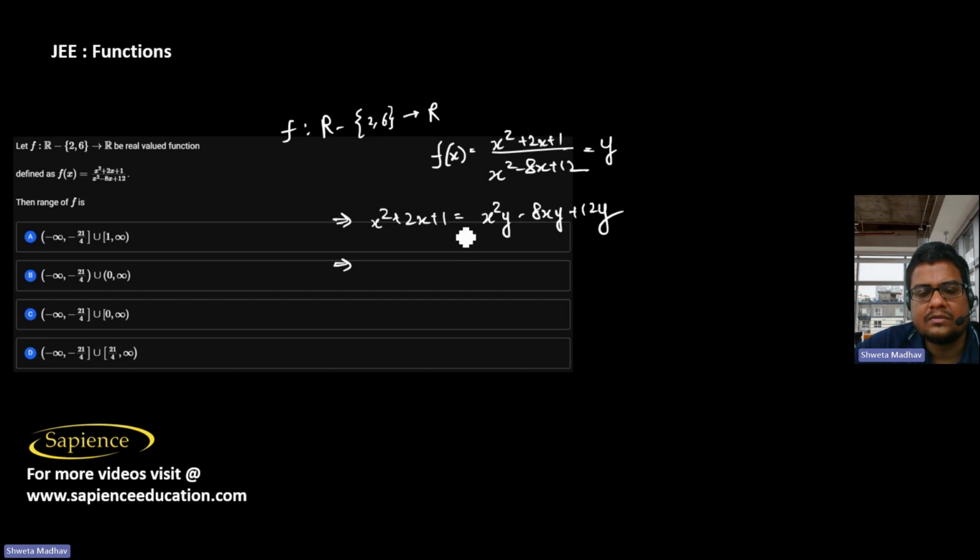So this will be (y minus 1) into x square, then this is 2x, so this is minus (2 plus 8y) into x, then this is plus 12y minus 1, that is equal to 0.